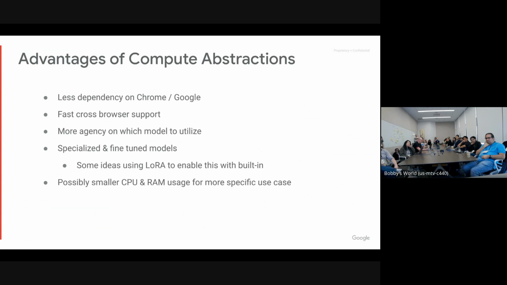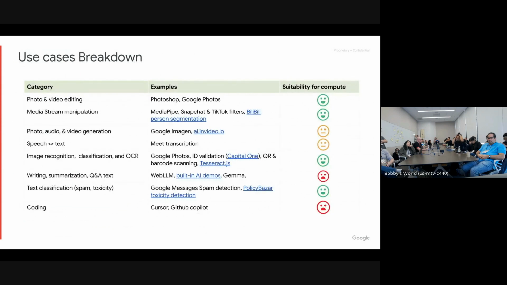So the advantages of the compute abstraction approach is that you don't take a dependency on Chrome, Google, or the web. You can get faster cross-browser support by targeting the primitives. There's more agency in which exact model you utilize. I know the built-in effort also has some efforts to try to let you have more influence on which model gets used. And it's also smaller in terms of CPU and RAM usage, obviously, than spinning up an entire LLM.